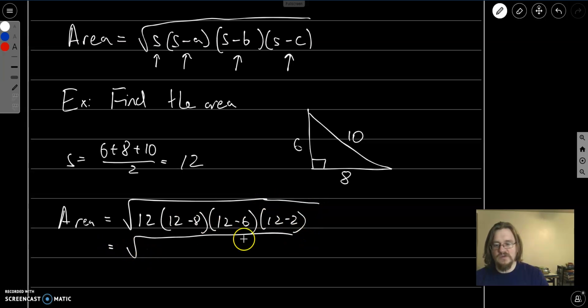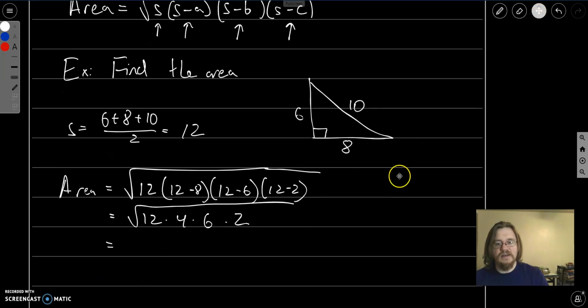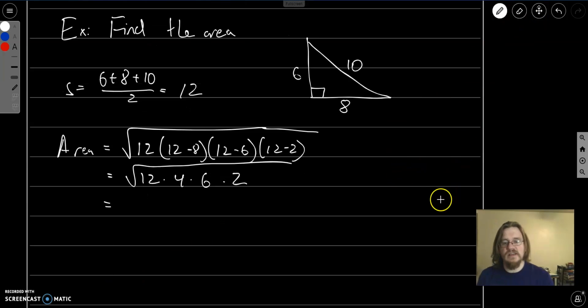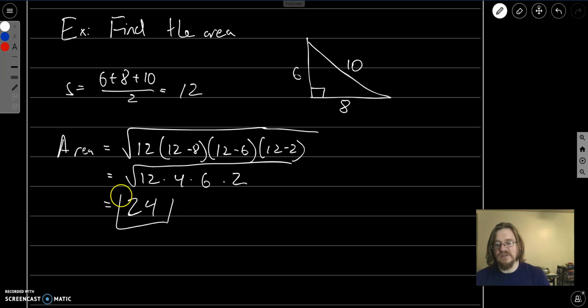So it's going to be the square root of 12 times 4 times 6 times 2. And if we plug all this into our calculator, this is in fact going to be 24. And there's our area. It's just as simple as that.